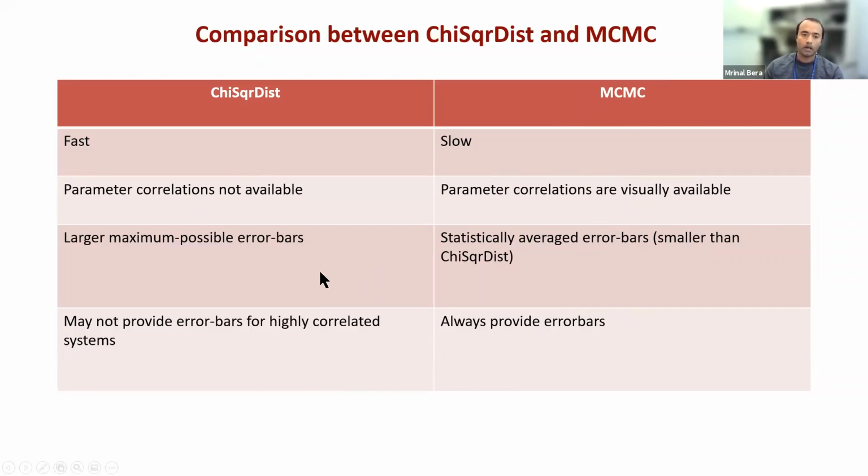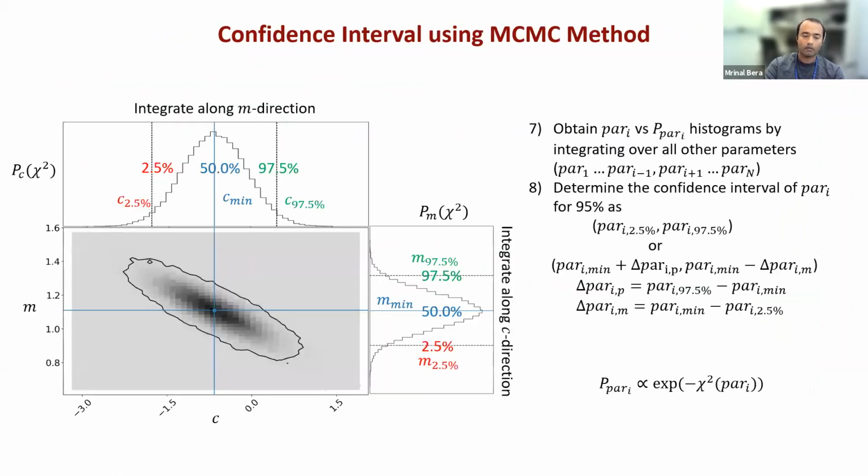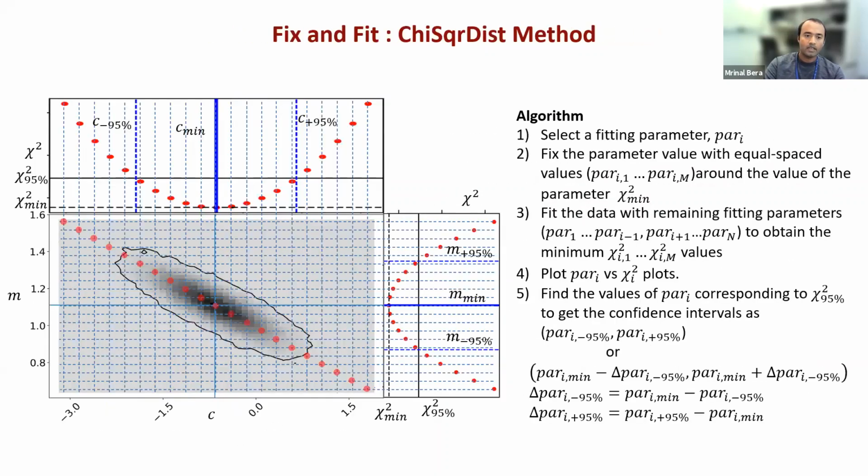So now to get to the answer, why you get larger error bars from chi-square comes from the fact that, if I compare this method with MCMC, what we are doing is running along the maximum change in the parameters.